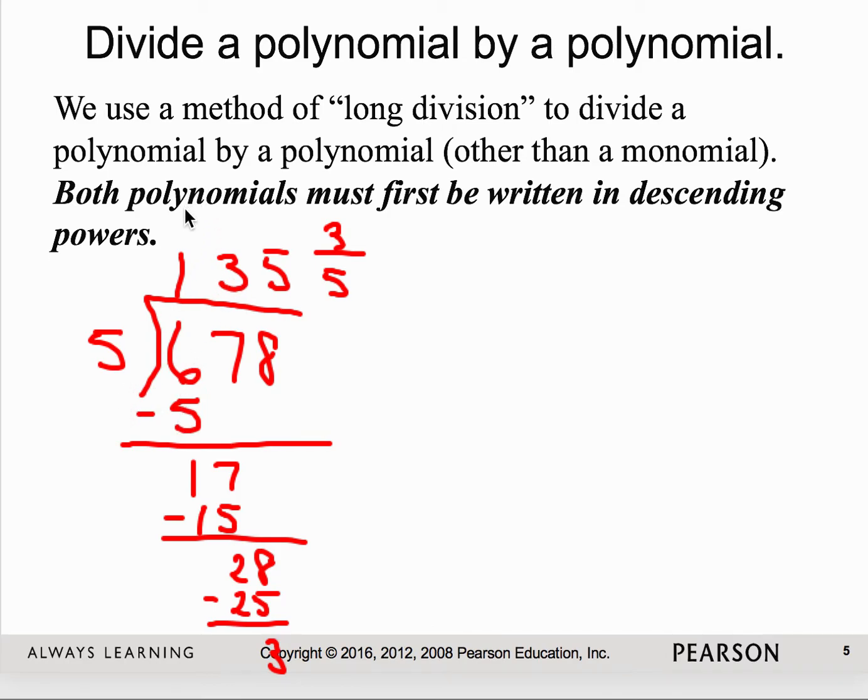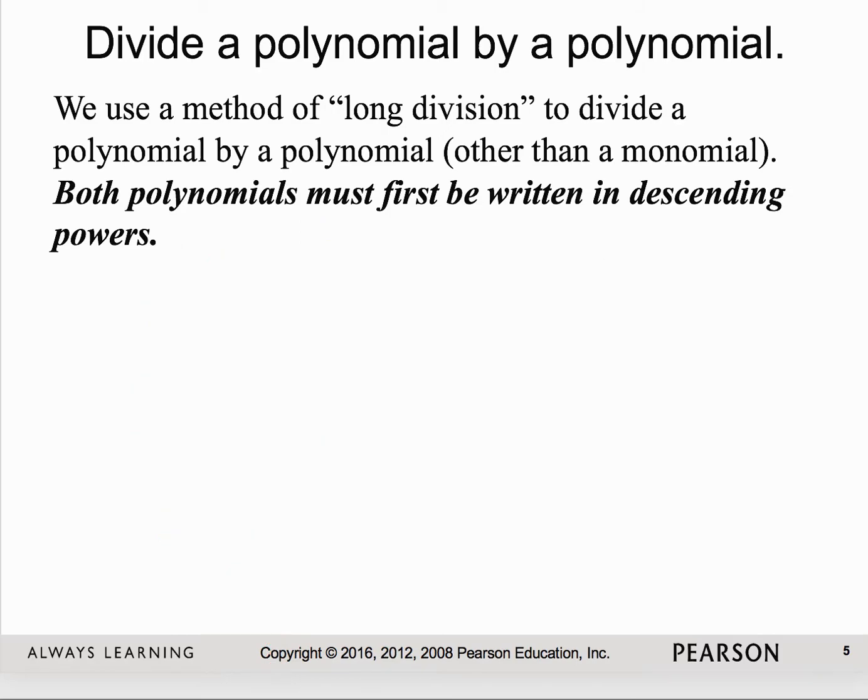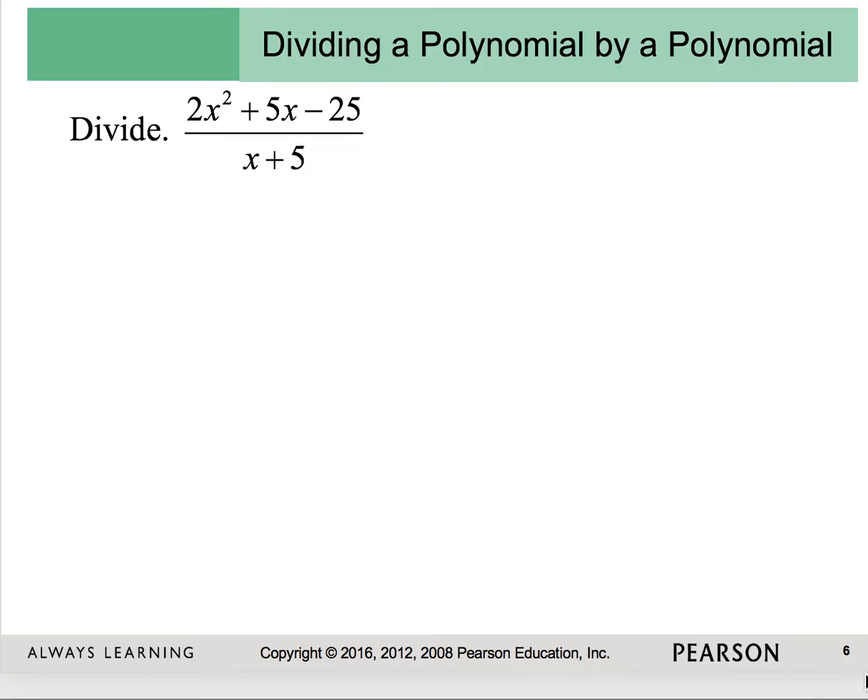Now, if you have polynomials, first of all, we've got to write them in descending powers, and there can't be any missing terms. So the first thing I'm going to check is to make sure my exponents go down with no numbers missing, and they go all the way to 0.